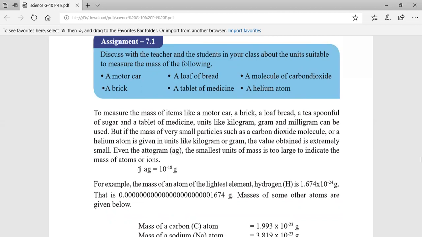One attogram is equal to 10 to the power minus 18 grams.